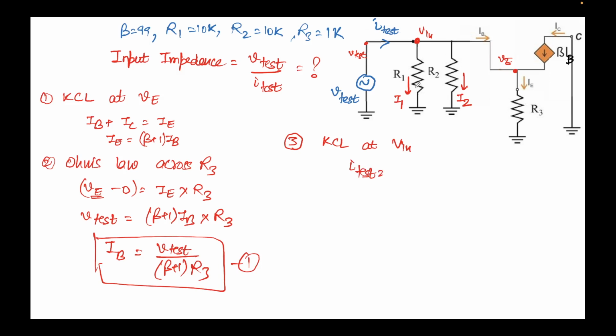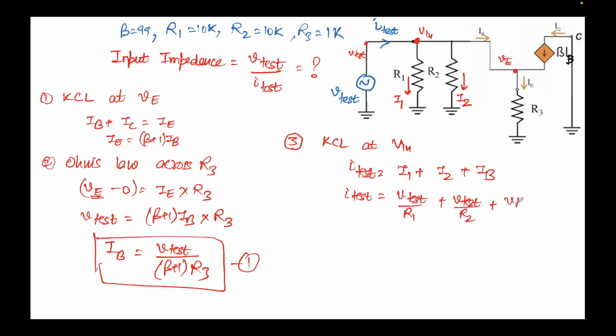And the outgoing current is I1 plus I2 plus IB. So I'll get I test equal to I1 plus I2 plus IB. Now we know that this voltage is nothing but V test, since this is a wire. So I1 will be V test over R1 plus V test over R2, and we know the value of IB from expression 1, which we'll use here.